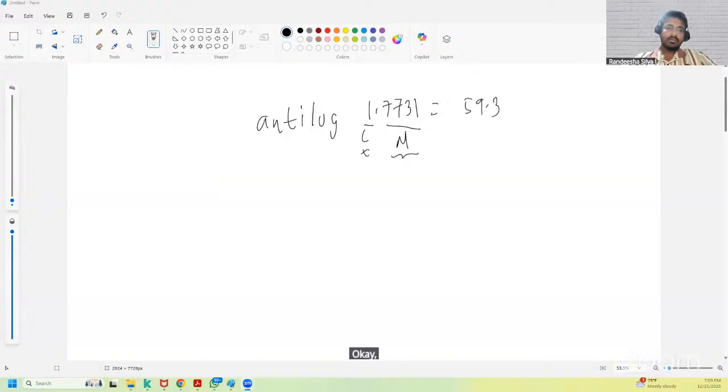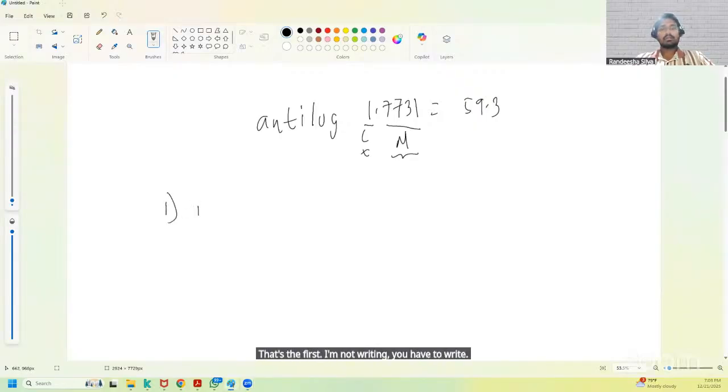So our first step is we have to ignore the characteristics for a moment. So write down, ignore the characteristic for a moment. That's the first. I'm not writing, you have to write.